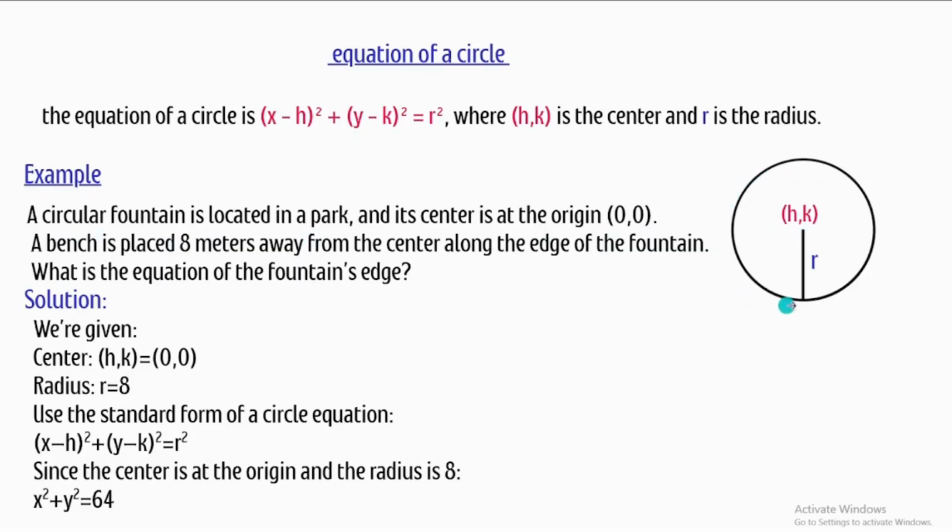The edge is placed 8 meters away from the center, so the radius is 8 meters. The r is 8 and the center is 0 and 0. We substitute in this equation: x minus h squared plus y minus k squared equals r squared. So we find the equation directly.